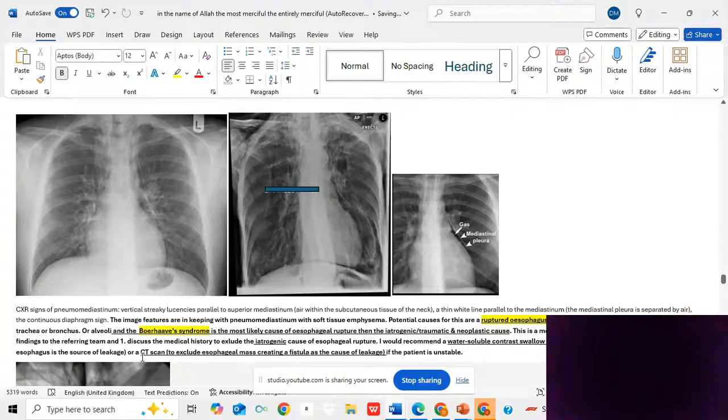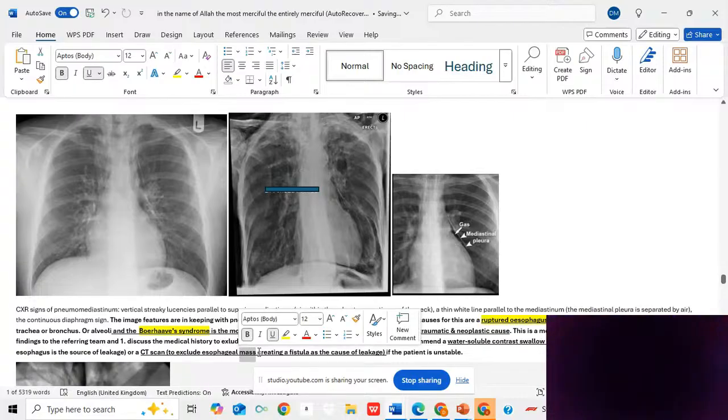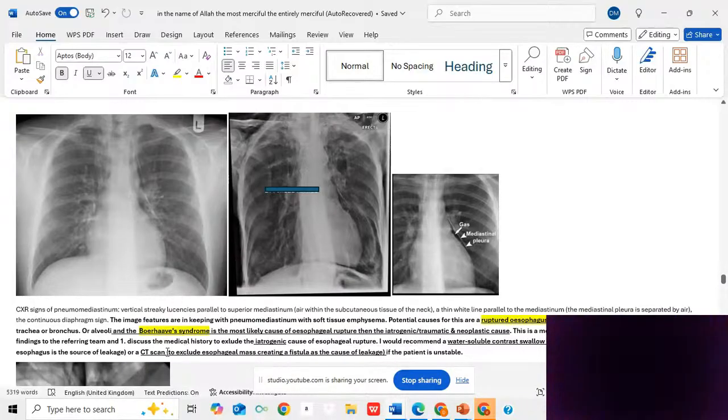Then you need to recommend a CT scan. Why? To exclude an esophageal mass creating a fistula as the cause of the leakage, okay? And you need to know that CT scan is done for unstable patients with pneumomediastinum, okay?